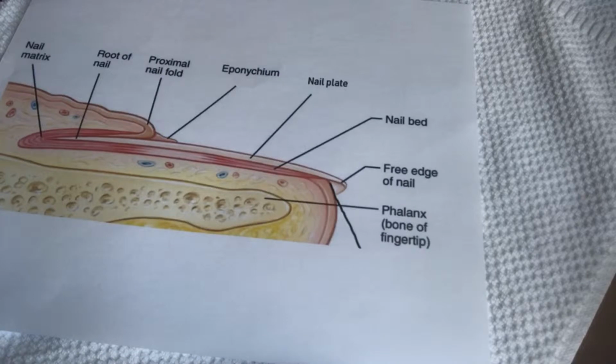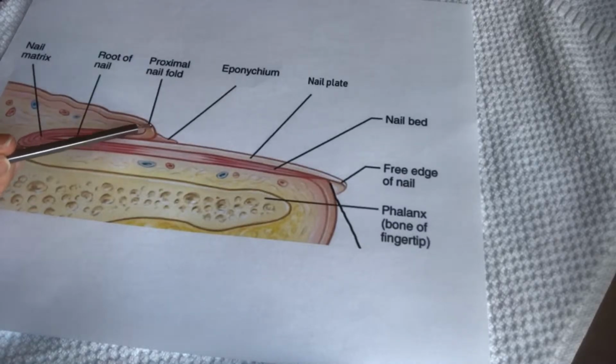Now, the next terminology that there is a lot of confusion about between nail technicians and manicurists is eponychium versus cuticle. Let's define that a little bit, and I'm sure by the time we finish this little tutorial, you will have a good understanding.